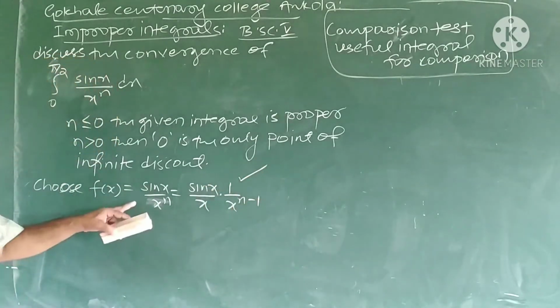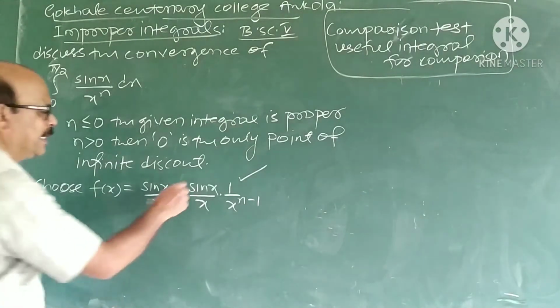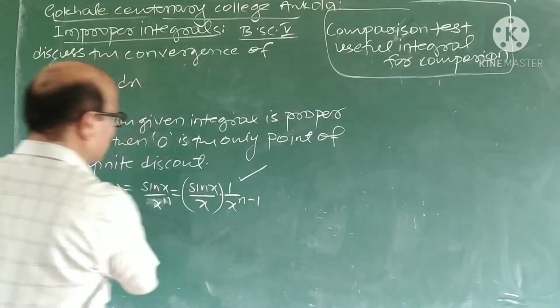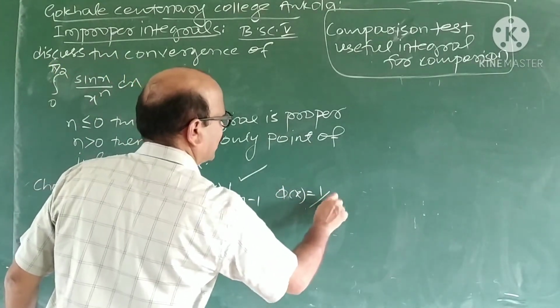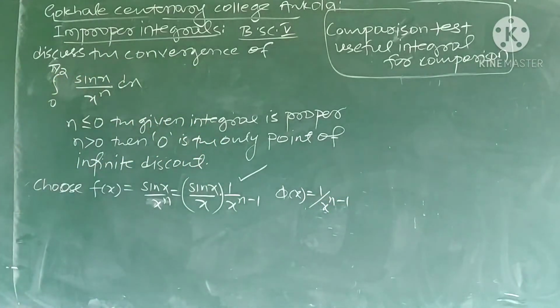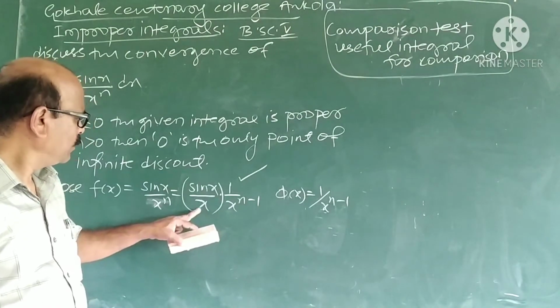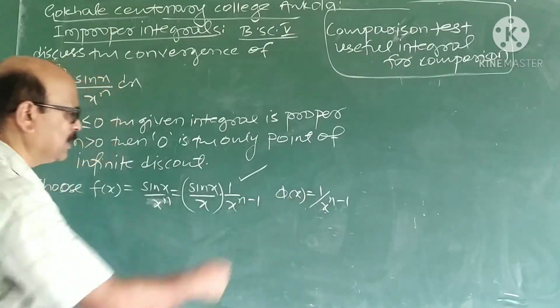This complete expression you have to take as f(x). Choose phi(x) as 1 upon x raised to n minus 1. I think you understand this one. (sin x by x) raised to n is f(x), phi(x) is 1 upon x raised to n minus 1.